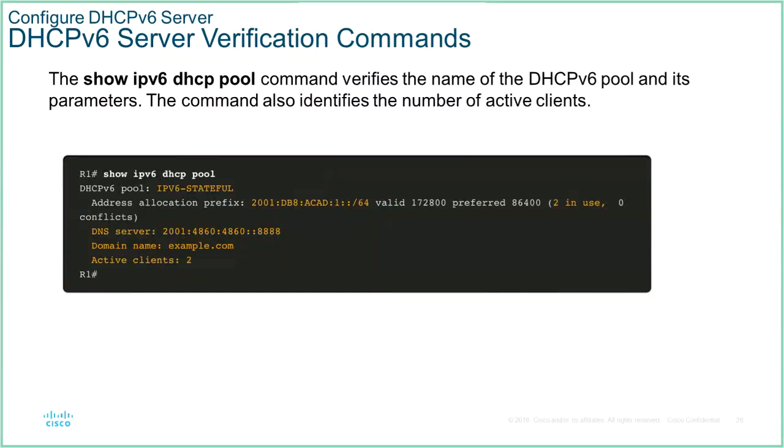Okay, so show ipv6 dhcp pool will give us our pool name, the network prefix, how many of those are in use, what the DNS server is, what the domain name is, and how many active clients we have using the DHCP pool.